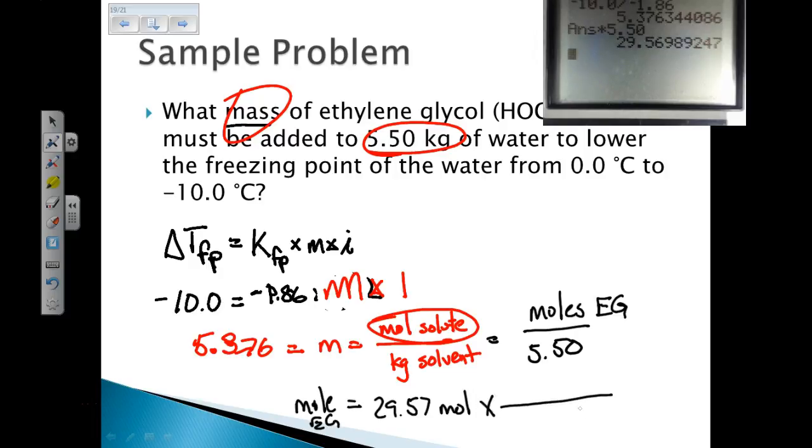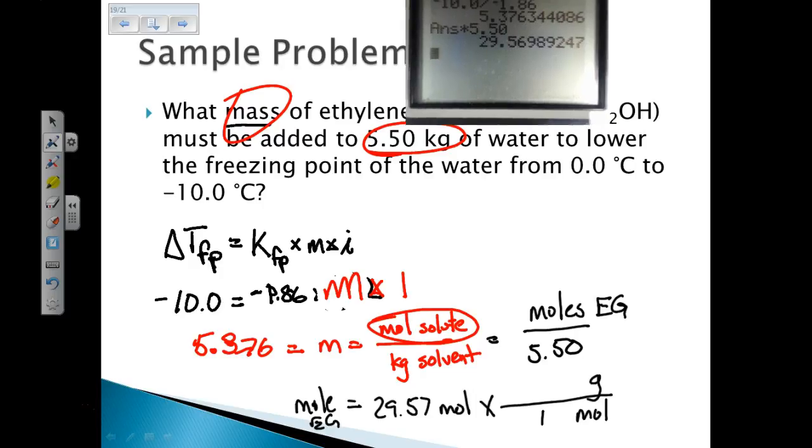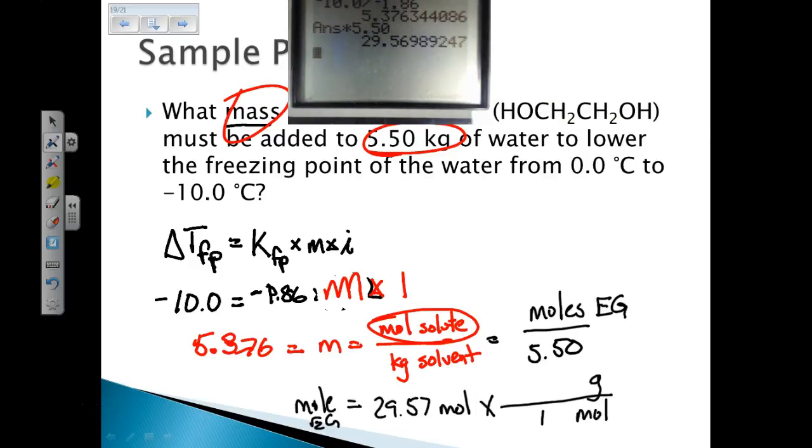We have to use the molar mass. And so we know that for every 1 mole of ethylene glycol, I should probably move the calculator so you can see that formula there. Okay, so we have 6 times 1 for H, and then we're going to go plus 2 times 16 for O, plus 2 times 12 for carbon.